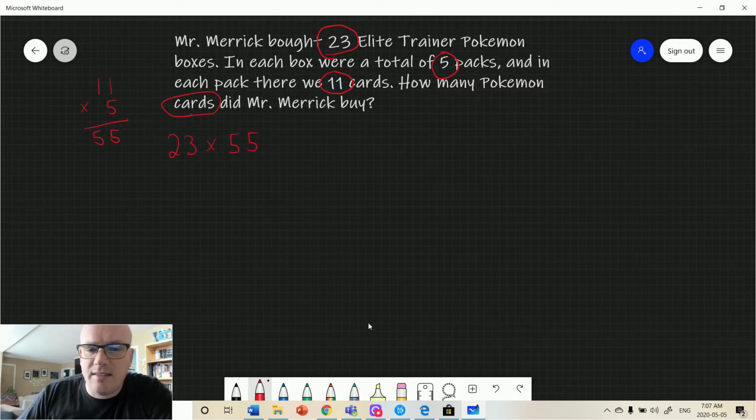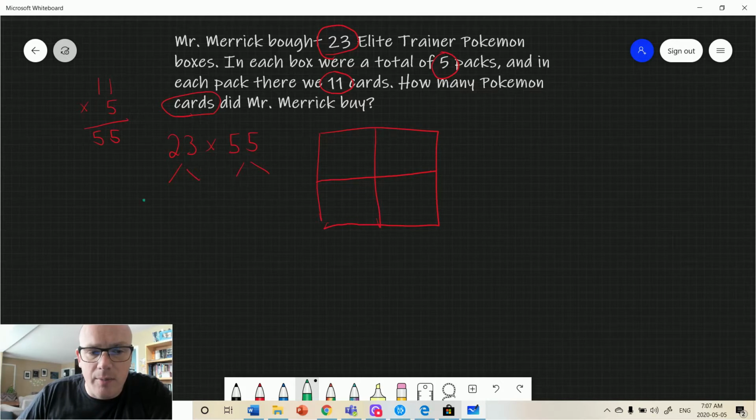So let's set up our window. Got my window right here. What a beautiful window. The first thing we got to do is break these down into expanded form. So that becomes 20 and a 3, and 50 and a 5.